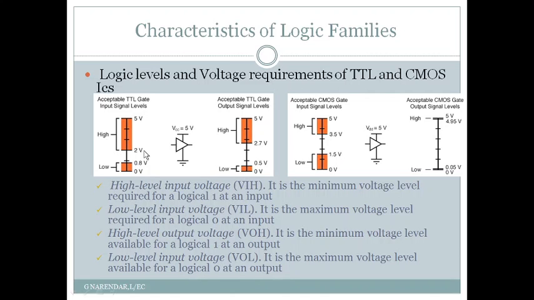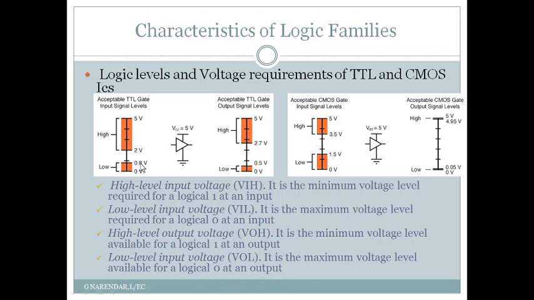There is a specific range of voltages to be qualified as logic 0 or logic 1 at the input and output of a logic gate, and these two are different. That is, the input has a different voltage range from the output, and it is also different from one family to the other.